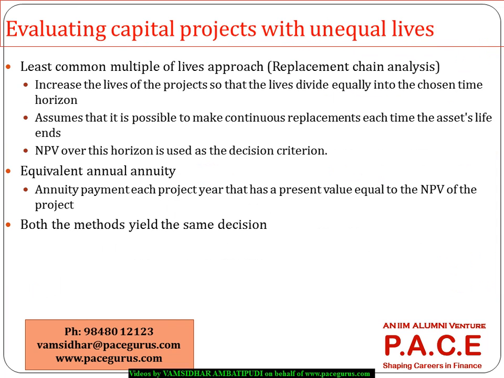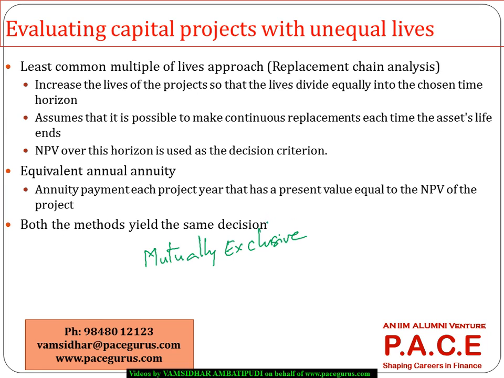Then moving on to the next aspect. In the projects we have situations of choosing between two or more projects. There are typically different kinds of scenarios that we will discuss, but especially when I have to evaluate two mutually exclusive projects, meaning I can choose only one of the two but not both.